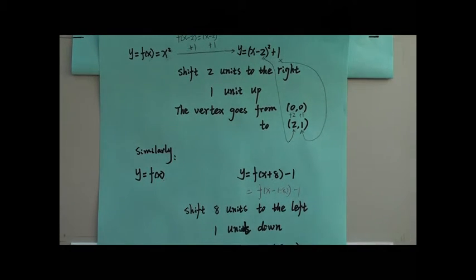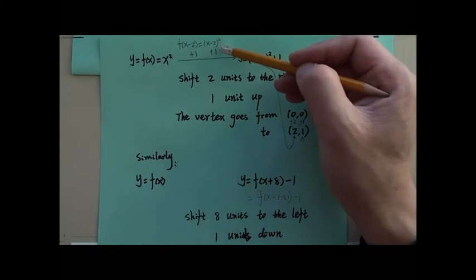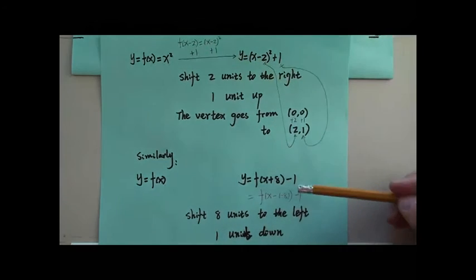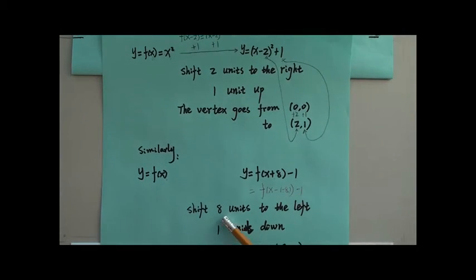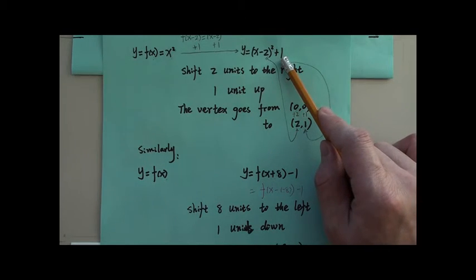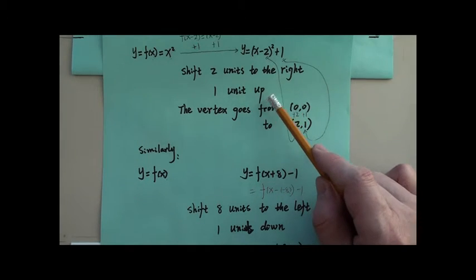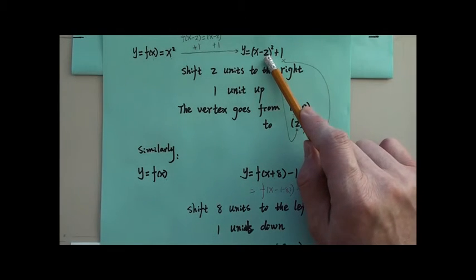So that's the reason. If we compare this one with this one, it will be clear. It has to be 8 units to the left, because of the negative, and minus 1, so 1 unit down. Previously it was plus 1 unit up and 2 units to the right.